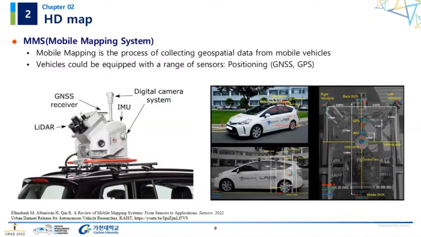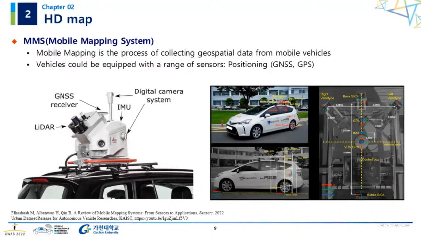So, to build such an HD map, a vehicle called a Mobile Mapping System was used. The mobile mapping system integrates a vision system, radar scanner, GPS receiver, and inertial navigation system into a mobile body to build a high-quality spatial information database.